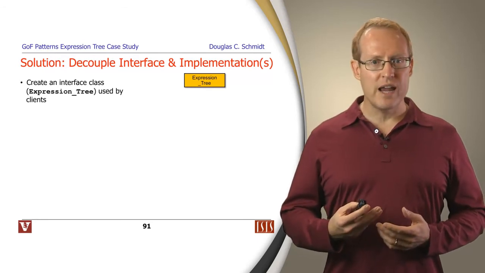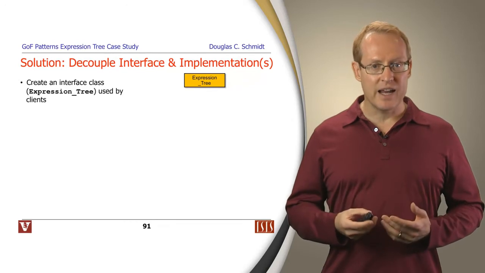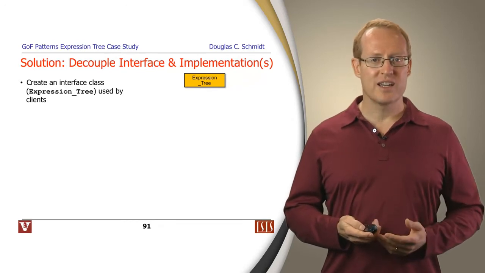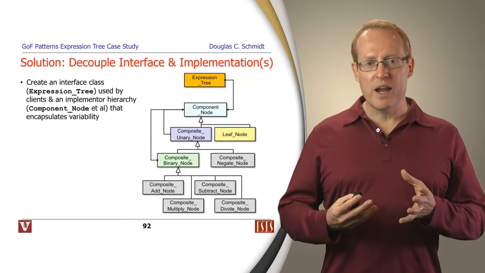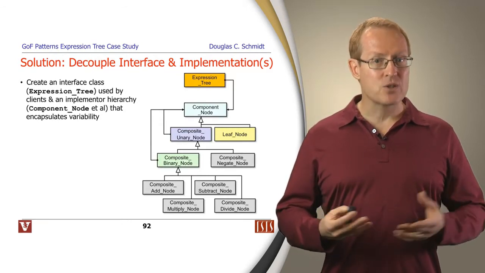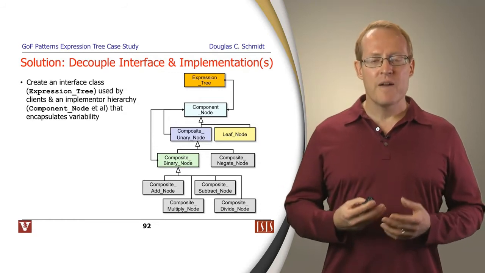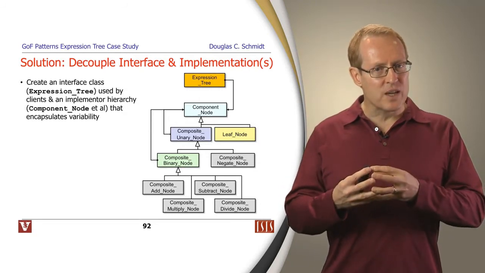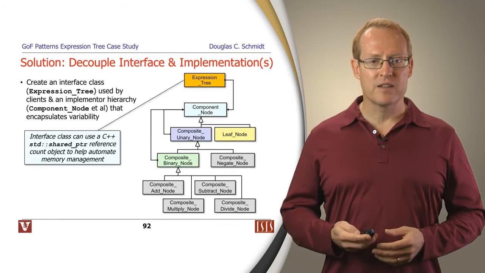First, we're going to create an interface class, the expression tree, that will be used by client applications, such as the loops using STL algorithms and iterators. We're then going to create our implementer hierarchy based on the composite pattern with things like the component node and its various subtrees. And when we combine these two things together, this helps us to encapsulate the variability more effectively.